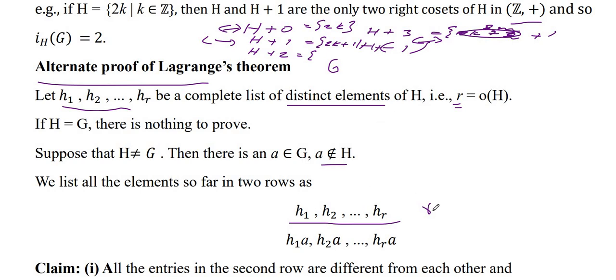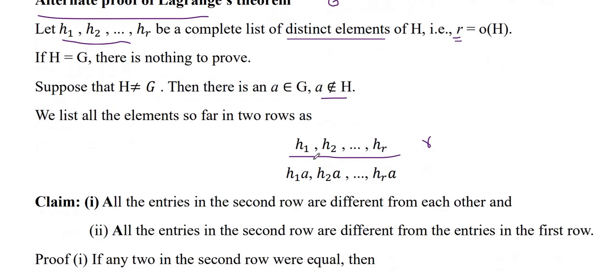So these are distinct is known, and this is the new set that we have got. So what we need to prove is these are all distinct, and not only that, you don't have them to be present in the first row. So that means you will have 2 complete sets of elements, one with R elements, the other one also has R elements. So that is what is mentioned here.